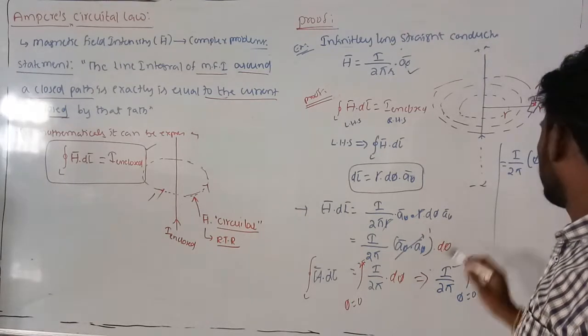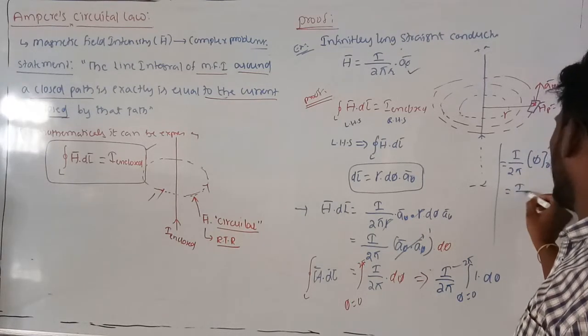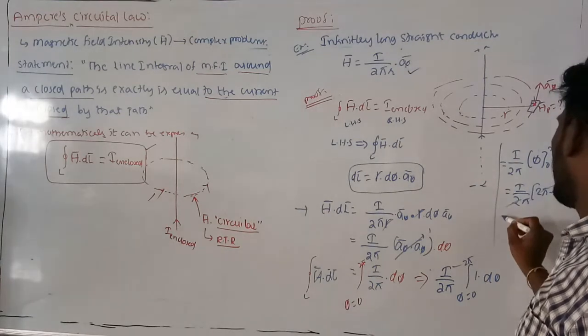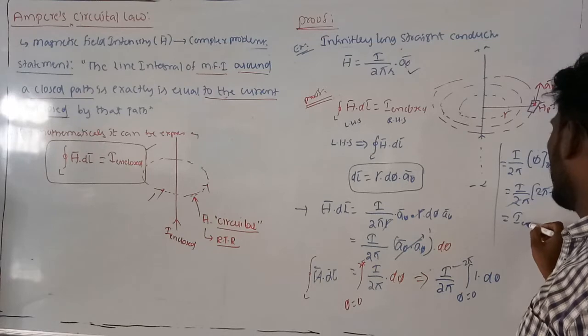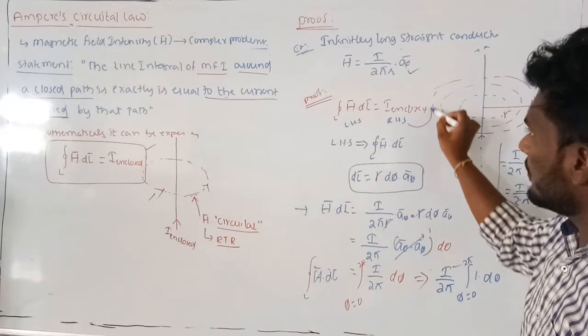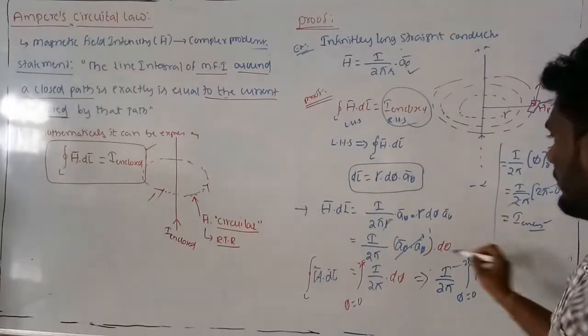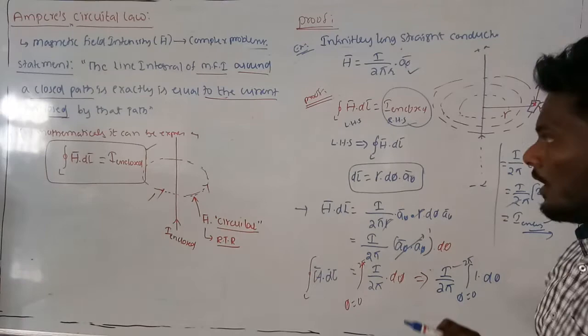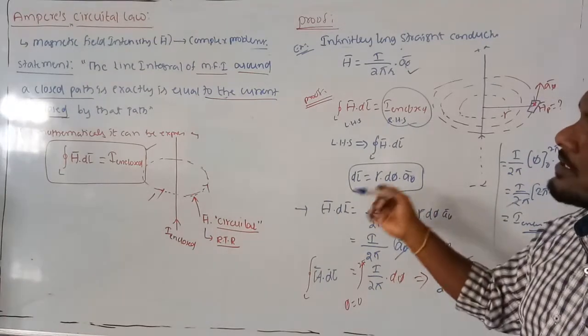The upper limit is 2 pi, the lower limit is 0, the 2 pi gets cancelled, and it is equal to I, the enclosed current. Hence proved. So the right-hand term in the expression is I enclosed, and I equate the left-hand side term to the I enclosed. Now, Ampere circuital law is proved.